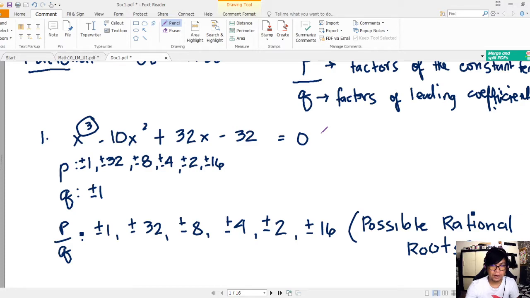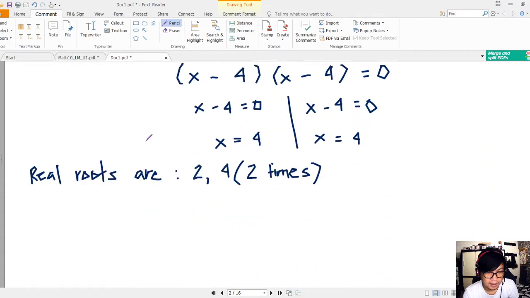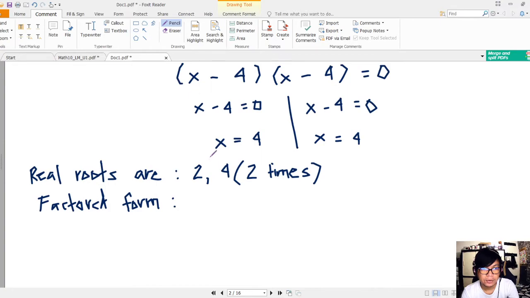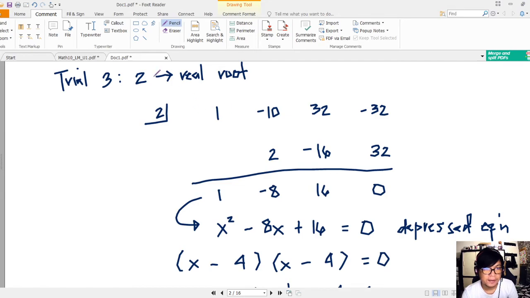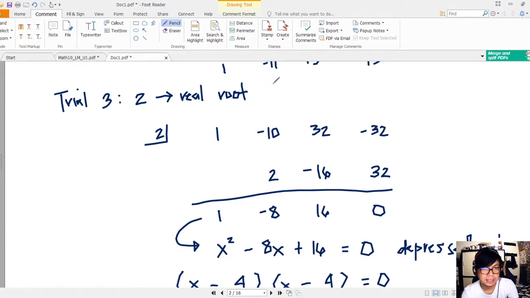So, the factored form of this one is, ito yung first, ito, 2. When x is equal to 2, so that is x is equal to 2.